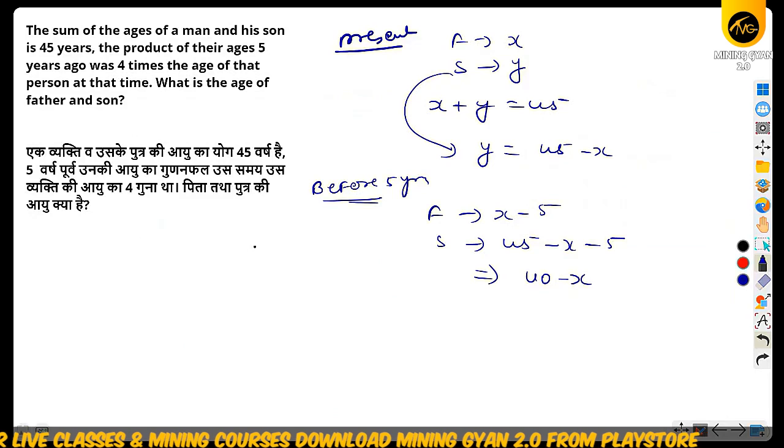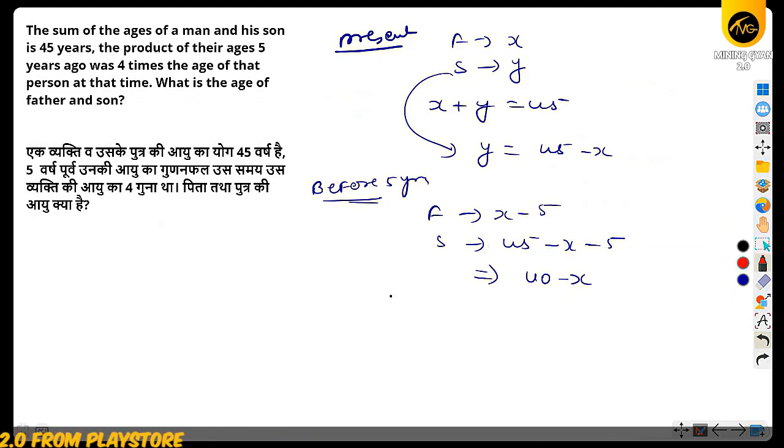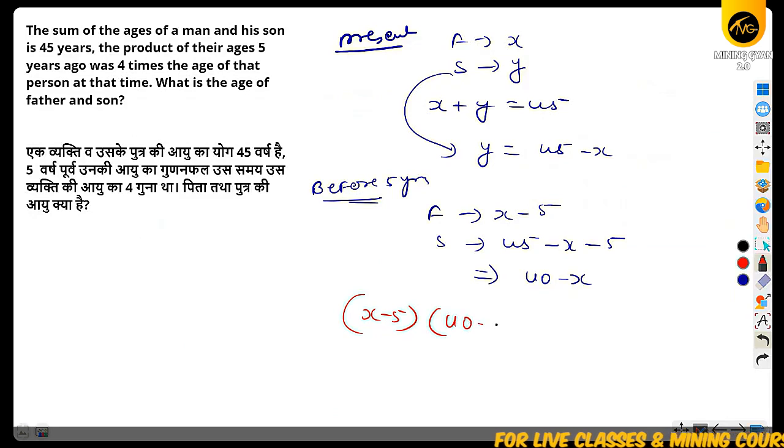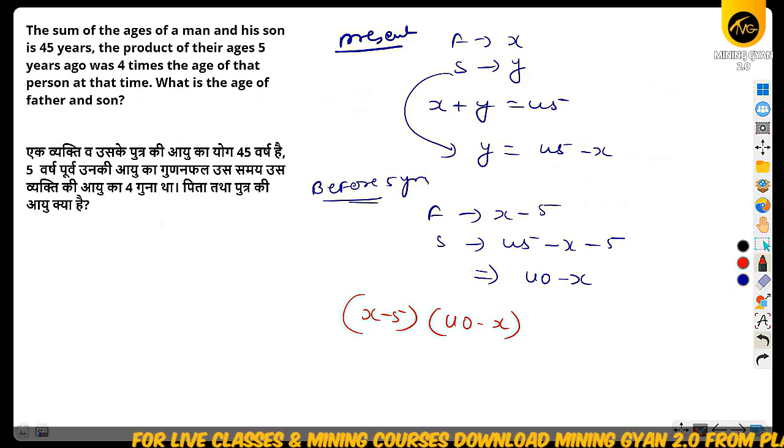Now what is the condition or logic? The product of their ages: just multiply the age of father and age of son. So (x minus 5) multiplied by (40 minus x). The product of their ages 5 years ago was 4 times the age of that person at that time.